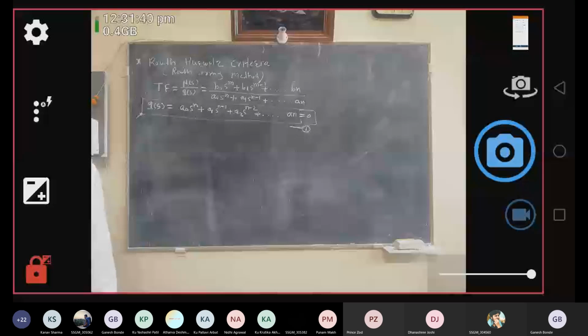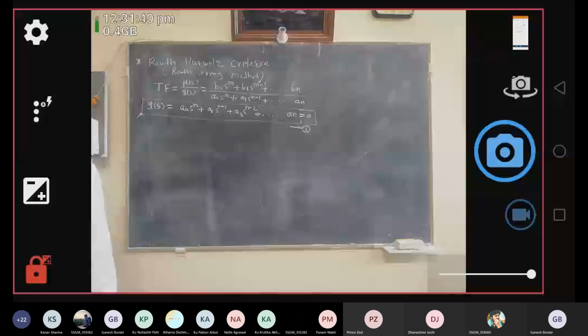So you just write down complete up to s raised to power 0: s raised to 6, s raised to 5, s raised to 4, s raised to 3, s raised to 2, s raised to 1 and s raised to 0. These are the powers of s in the Routh array, and no power of s should be absent while preparing the array. We will see what happens if it is absent.